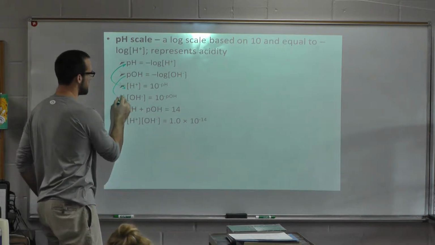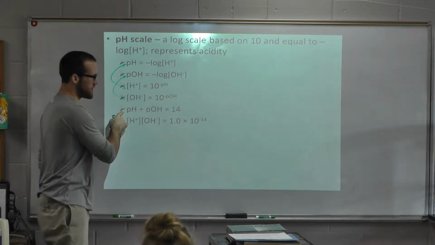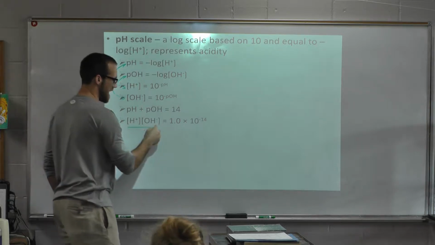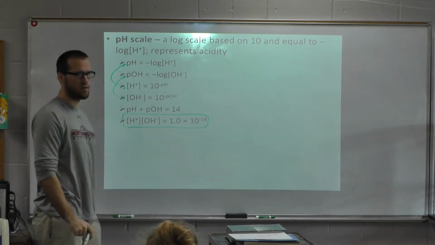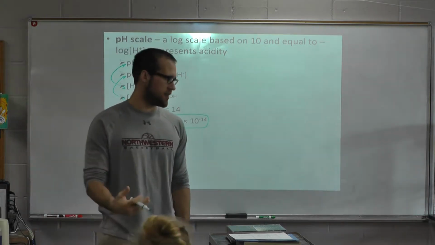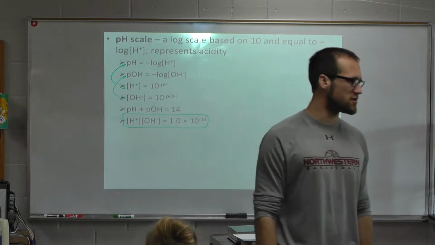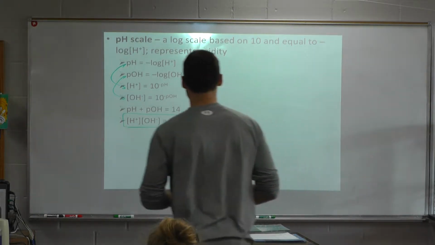This and this are opposites of each other. Okay? This is how pH and pOH are related. And this is something you already have. This was your what? Your KW, your self-ionization of water. And most of our acids and bases that we're going to be doing are going to be done in water, so we can use the KW to figure out plenty of stuff.